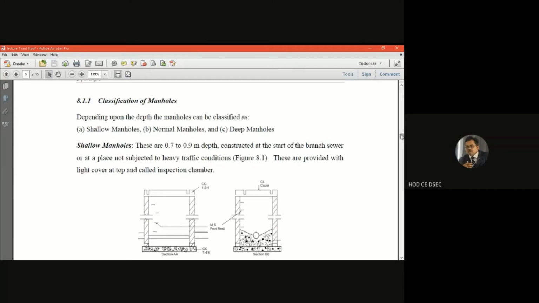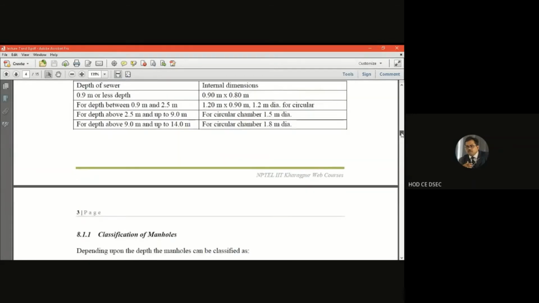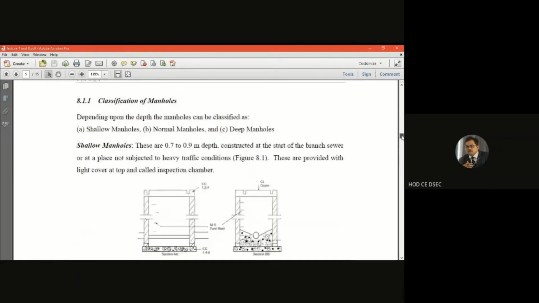The size of the shallow section is 0.9 meter by 0.8 meter. So this type of shallow manhole for the 0.7 to 0.9 meter depth we are considering as shallow.